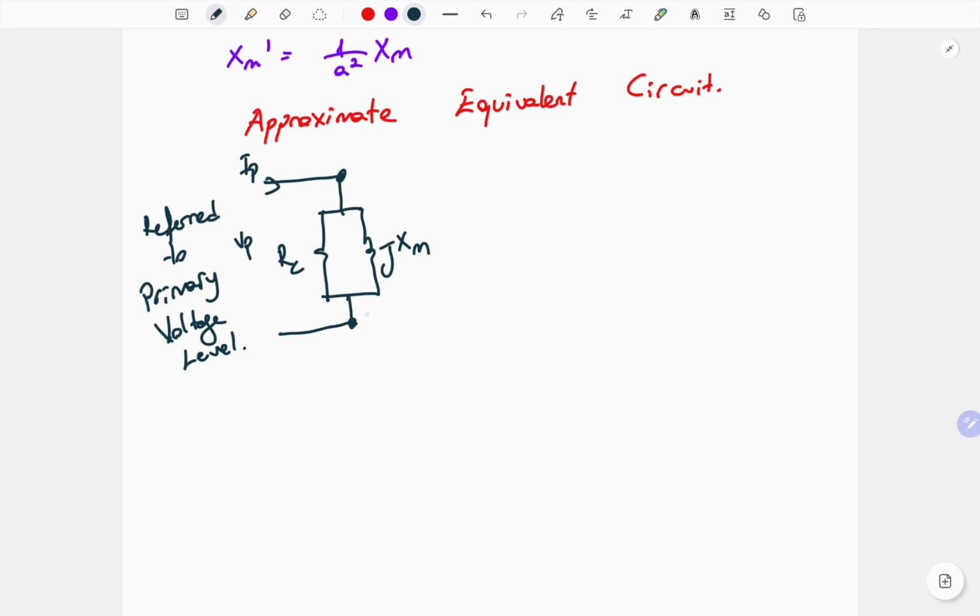So what are the remaining components? We have two resistances and two inductances which are connected in series. So let's combine them also. We have our R equivalent primary and X equivalent primary if we combine all the remaining parameters.